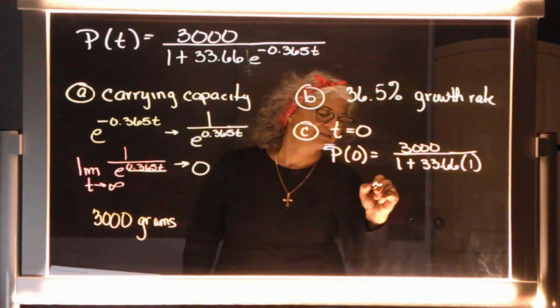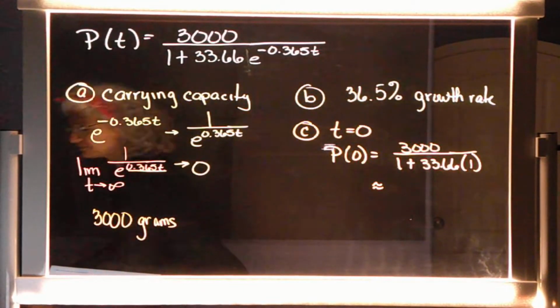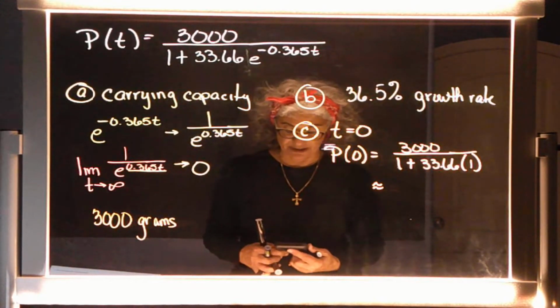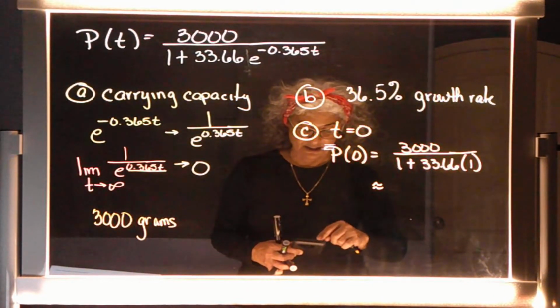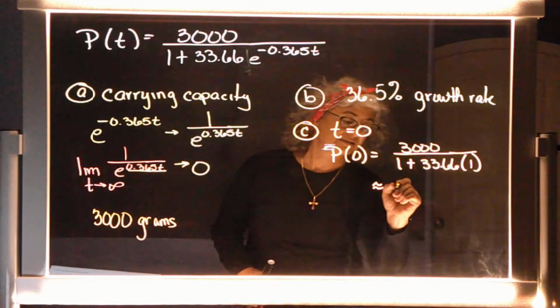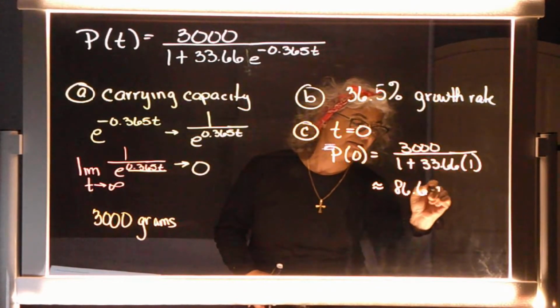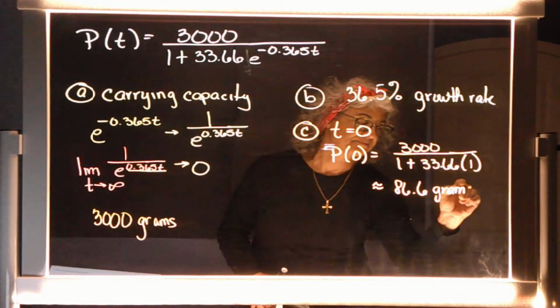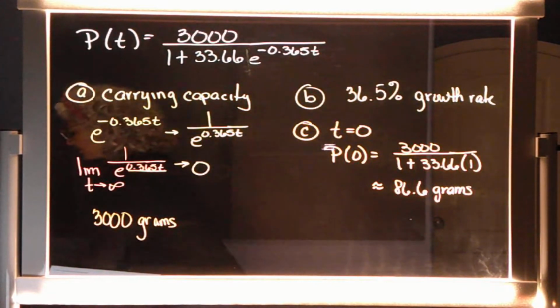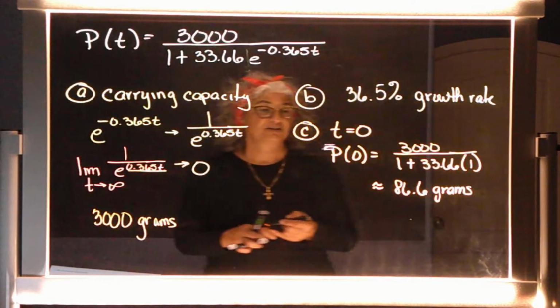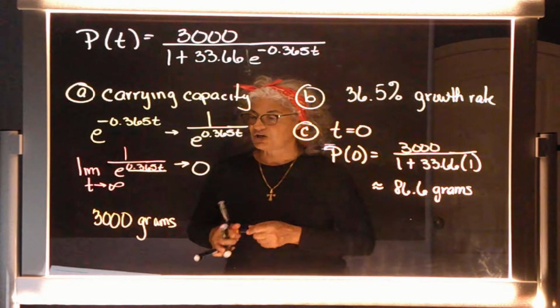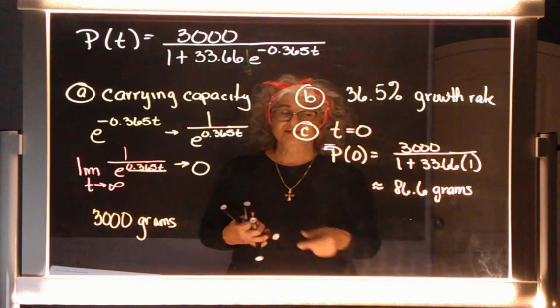And when you punch that into the calculator, you get approximately 86.6 grams, depending on how many decimal places they ask you to round. Cool? Okay. Let's look at part D.